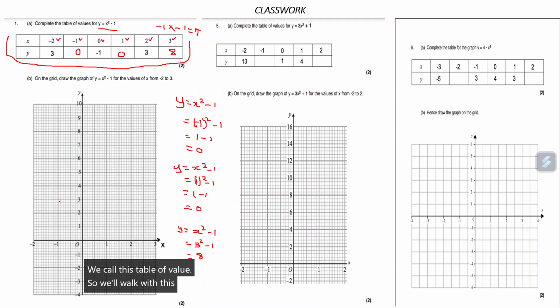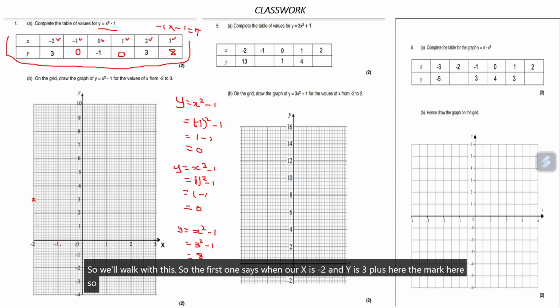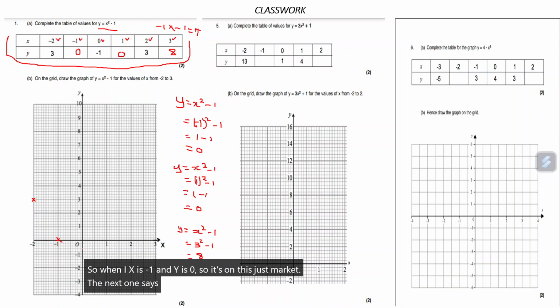The first one says when our x is minus 2, our y is 3, so we mark here. When our x is minus 1, our y is 0, so it's on this, just mark it. The next one says when our x is 0, y is minus 1. This point, you mark it.